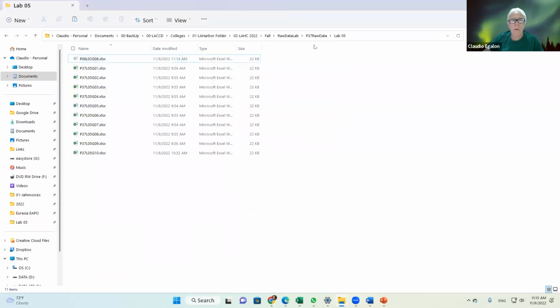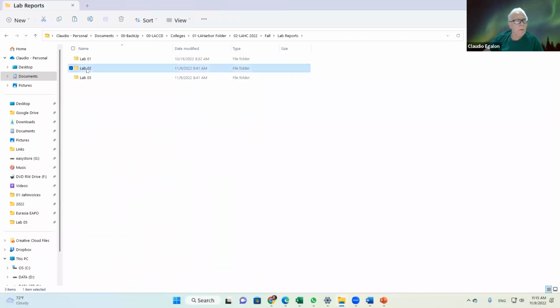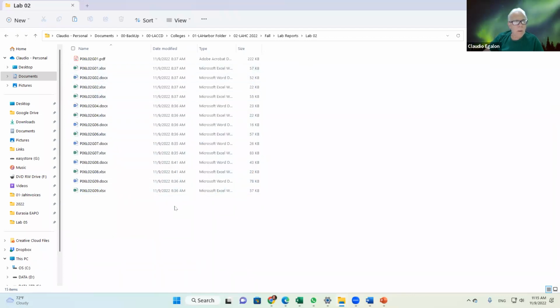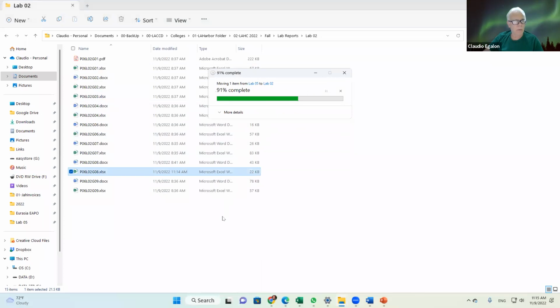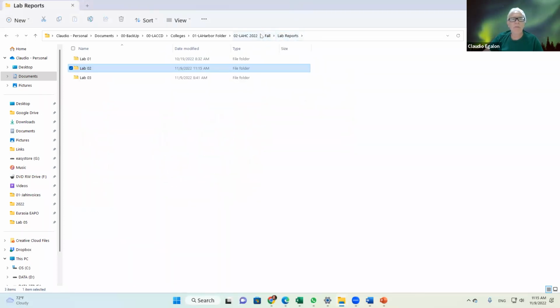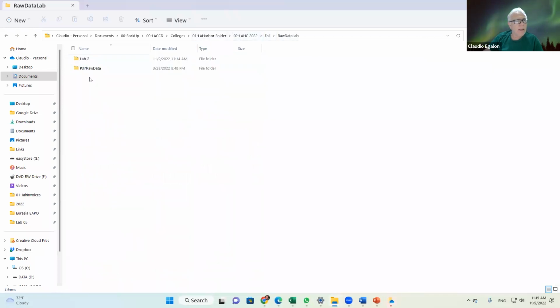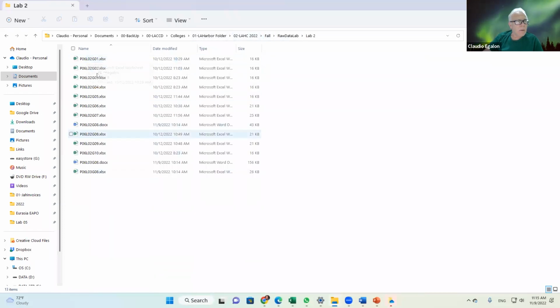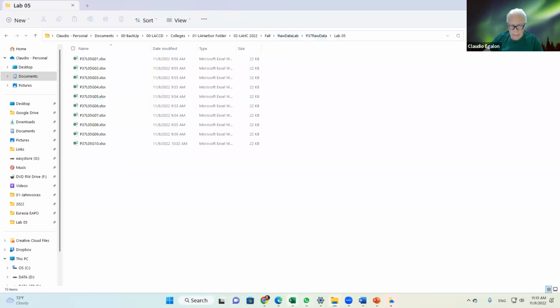Lab 14. Bear with me. 11, 14. Yeah, okay, good. I had one of those files in the wrong place. So now let's go get it, raw data, right? Seems not supposed to be here. Okay. So let's go lab 5 right in here.